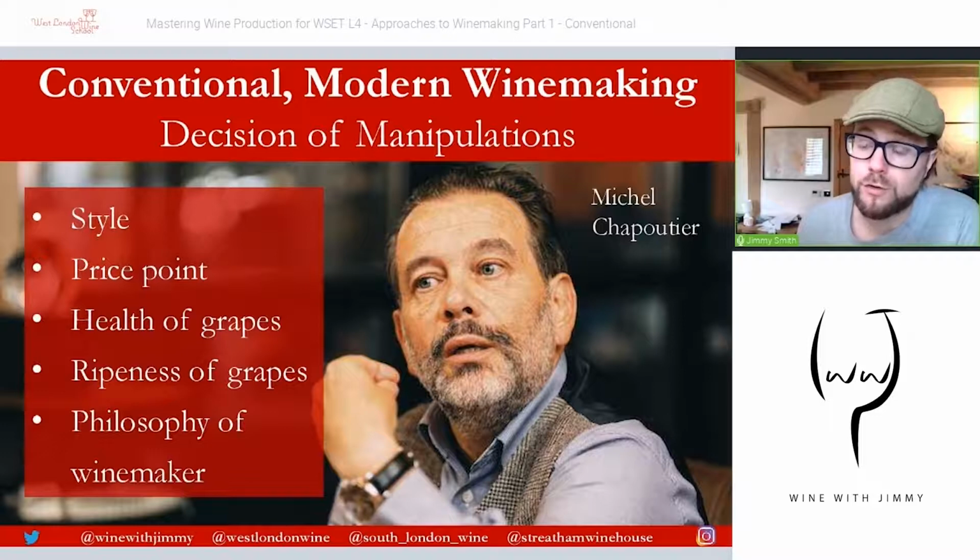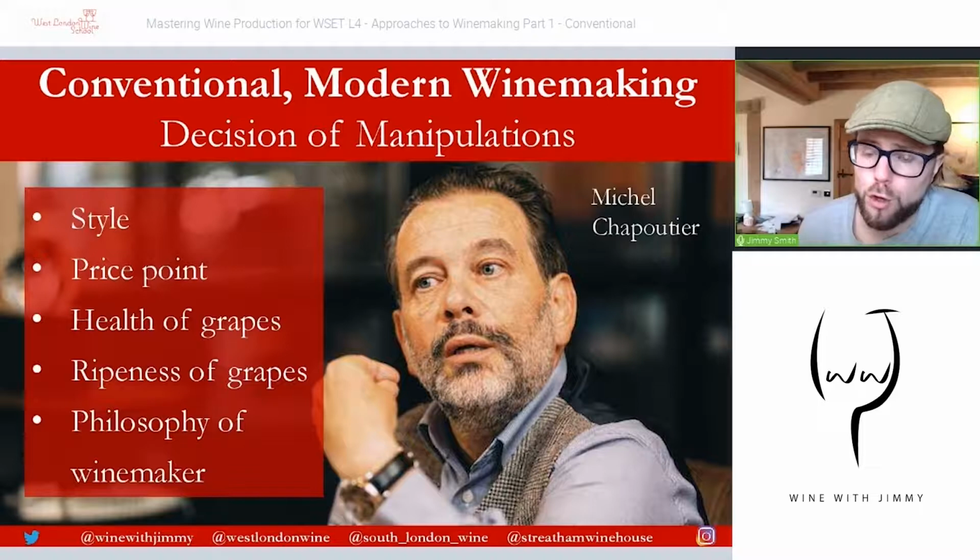So the options employed by the winemaking team will be dictated by many factors that we'll look at on the left-hand side. So things like the style, the price point that is required, the health and the ripeness of the grapes, things like the beliefs, the philosophy of the winemaker, like I mentioned.